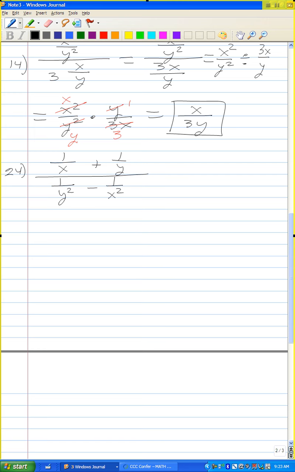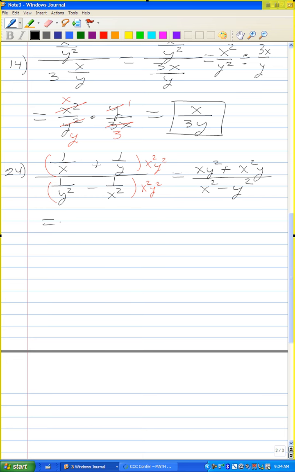And so let me multiply both numerator and denominator by the least common denominator, which in this case is x squared y squared. One of the x's cancel. 1 times x y squared is x y squared. One of the y's cancel, and so I get x squared y. Both of the y squareds cancel, so I get x squared. Both of the x squareds cancel, so I get minus y squared.